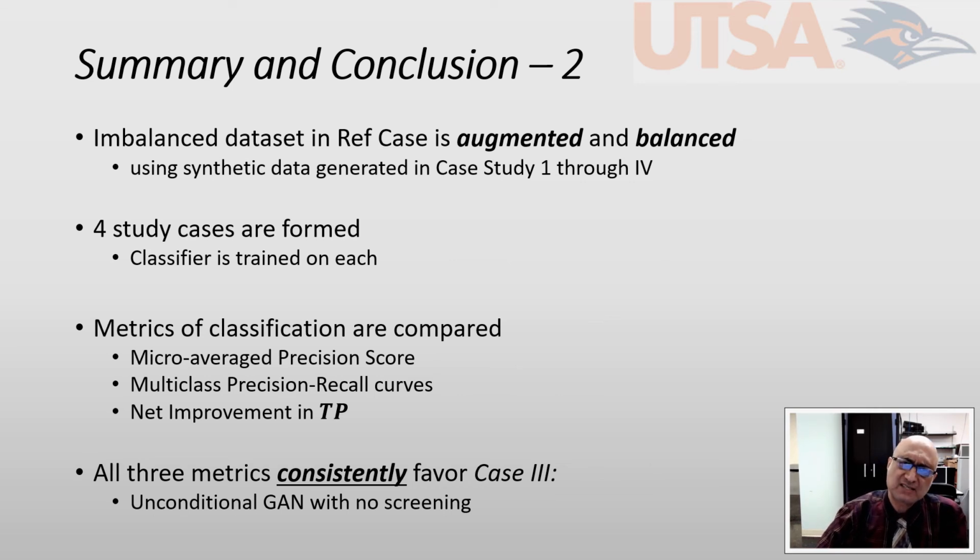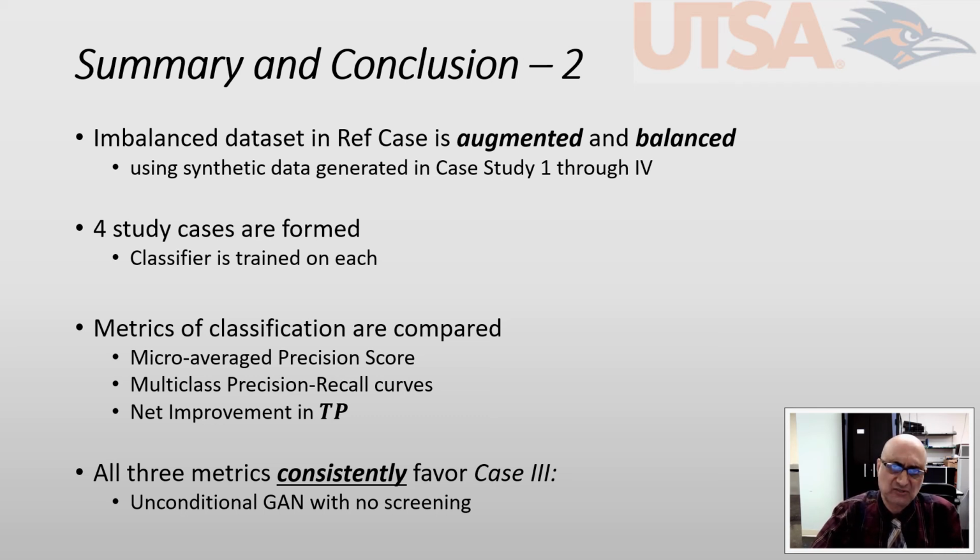The imbalanced data set in the reference case was augmented and balanced with the data set that we generated in the 4 study cases, and then we trained the classifier on each of these cases, and then we did the classification using the same data set, and we compared the metrics.